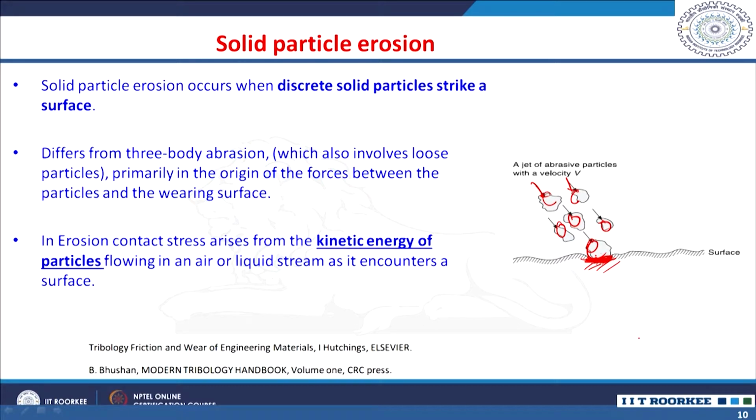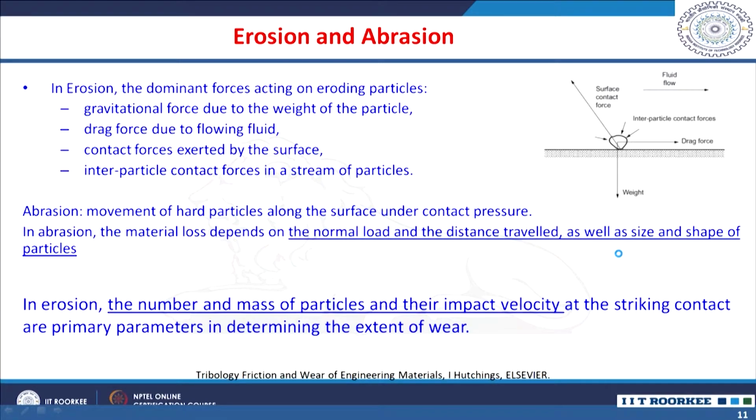So, basically in erosion, contact stresses arise mainly from the kinetic energy of the particles, because they are coming with a high velocity and they have certain mass. So, this is the kinetic energy of particles flowing in air or a liquid stream as it encounters the surface. So, you will have material removal, right. This material removal is erosive wear. So, basically the kinetic energy of the particles contributes to the wear.